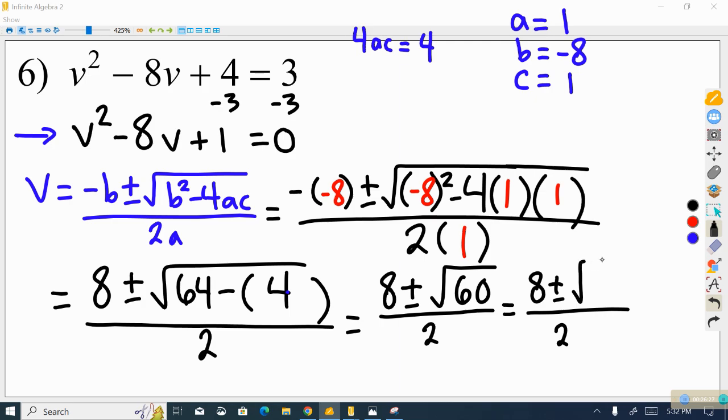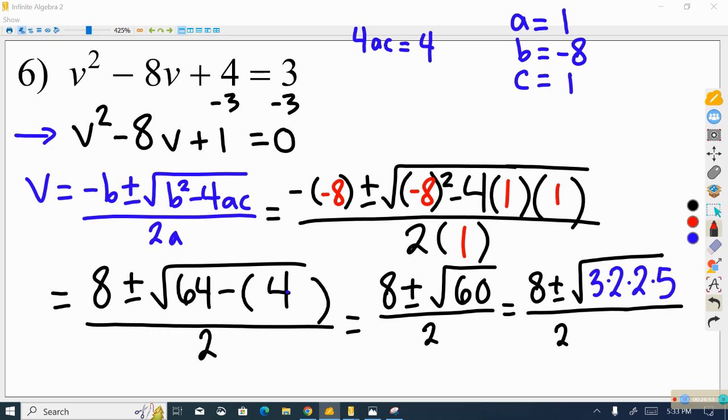Okay, there's a lot of ways to look at 60. It's 6 times 10, right? And then you would just want to keep breaking down those numbers, right? So 6 times 10 is 3 times 2 times 2 times 5, okay?